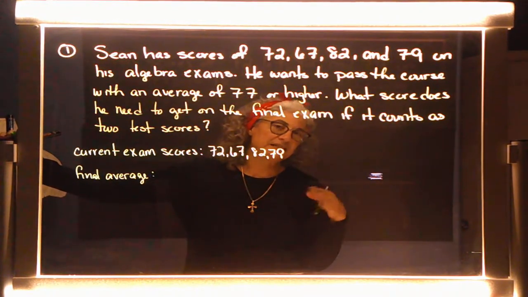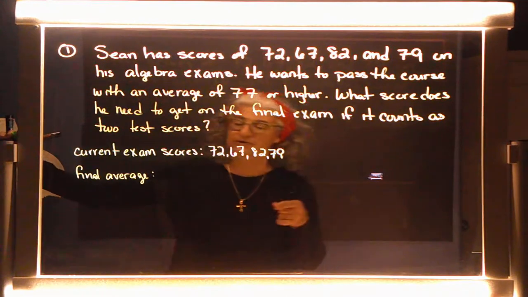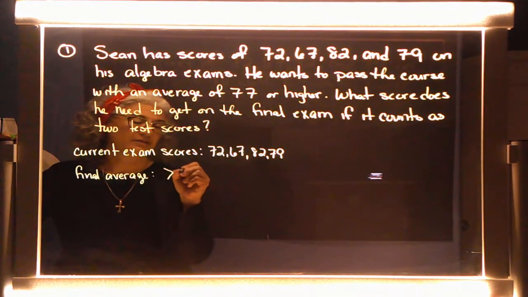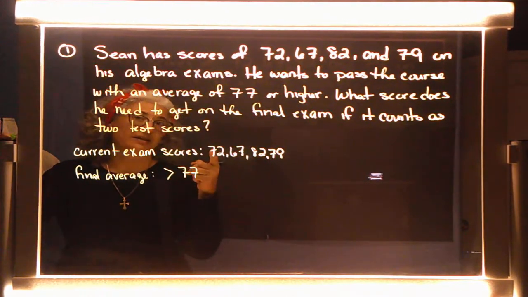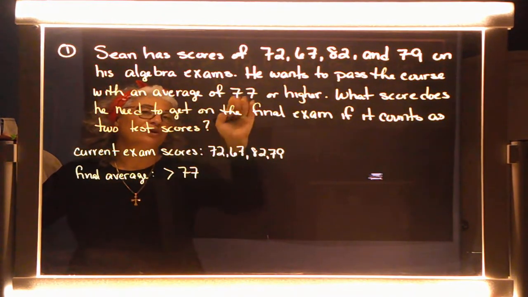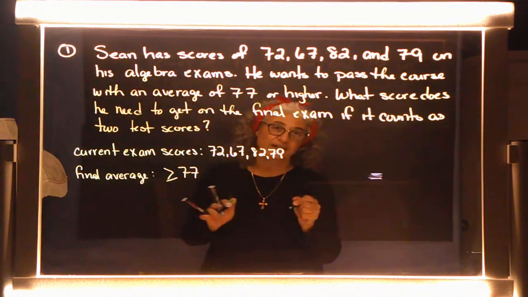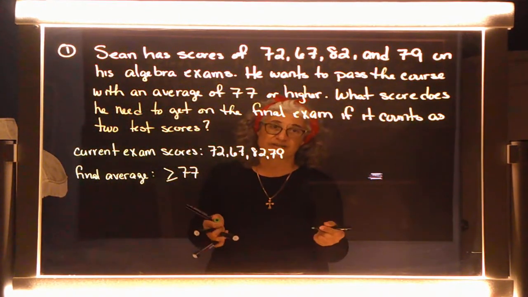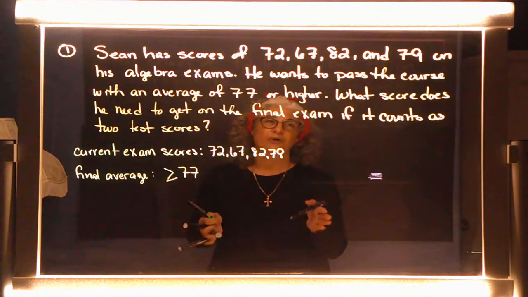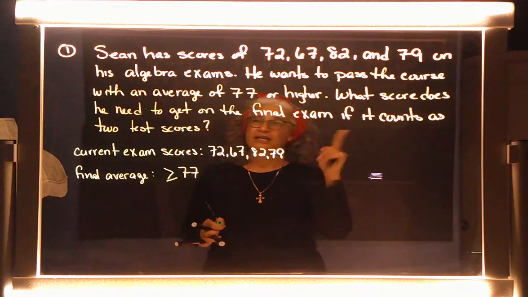So what does it mean? Give me something else instead of 77 or higher. Good, greater than 77. Could it be equal to 77? Yeah, because it said he wants the average to be 77 or higher. So it could be greater than or equal to. He wants his final average to be greater than or equal to 77. Good? Okay.